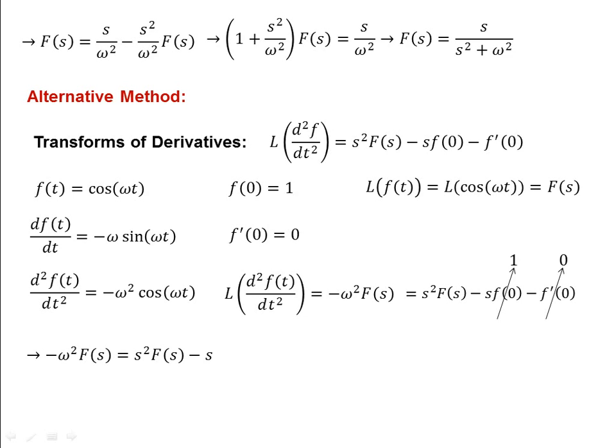If again I bring F(s) to the left hand side, I will have s squared plus omega squared times F(s) equal to s. Thus F(s) is equal to s over s squared plus omega squared, which is the end of the proof of this relation.